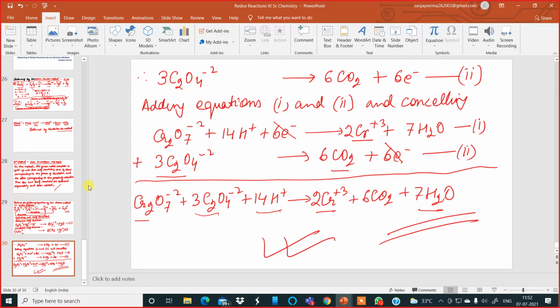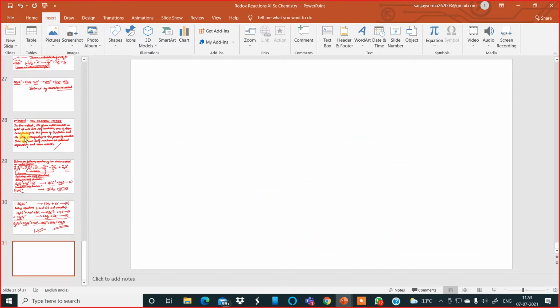Now I will teach you the next example for balancing what we call redox reaction happening in basic medium. For this I'll have to insert a slide over there. Okay, so I'll insert a new slide. Okay, so I'm writing down the question.